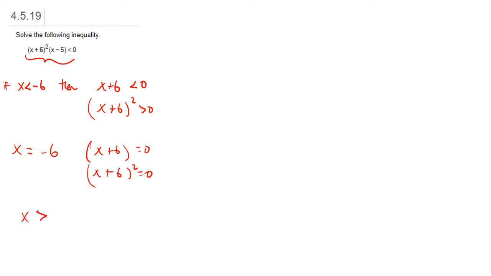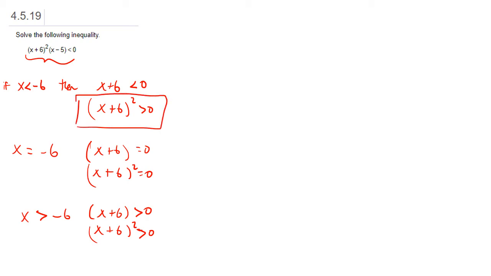And if x is bigger than minus 6, then x plus 6 is positive, in which case x plus 6 squared is also positive. So observe, if x is less than minus 6, then x plus 6 squared is positive. If x is bigger than minus 6, then x plus 6 squared is positive. But if x is equal to minus 6, then x plus 6 squared is equal to 0.